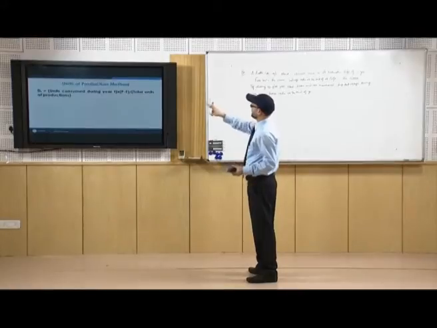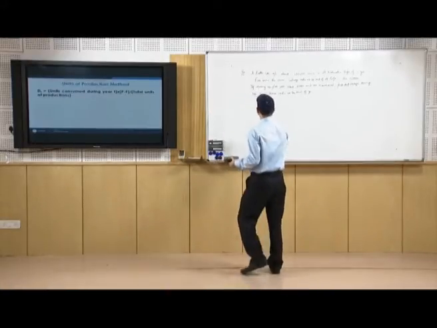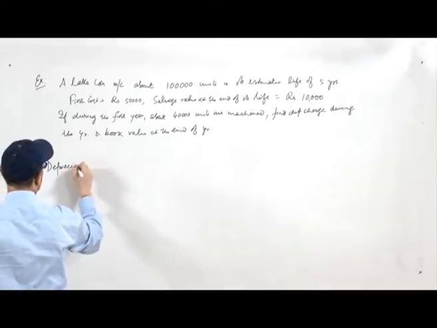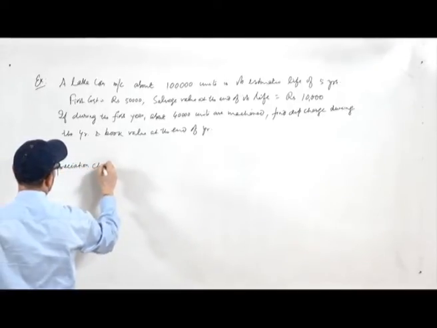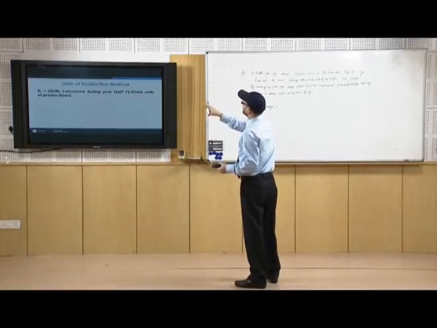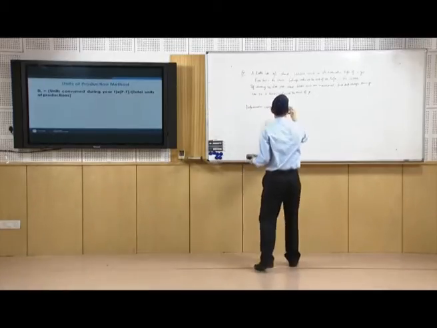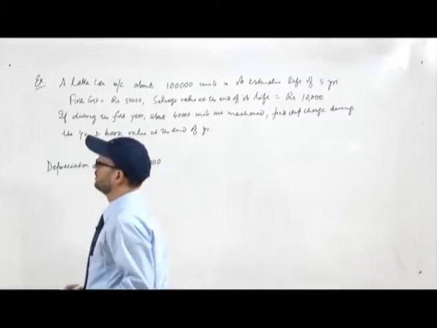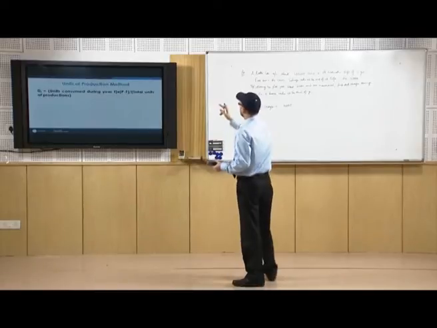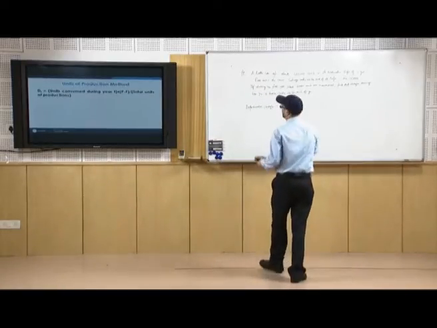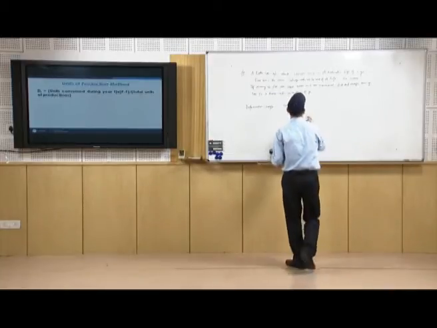So, in this case the depreciation charge will be calculated as units consumed during the year, that is 40,000, multiplied by the present cost minus final salvage value.